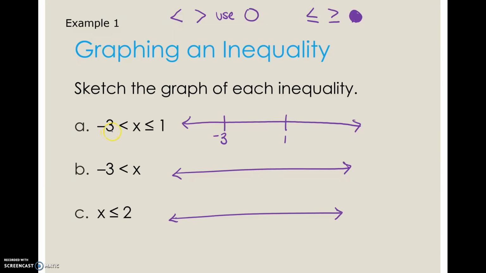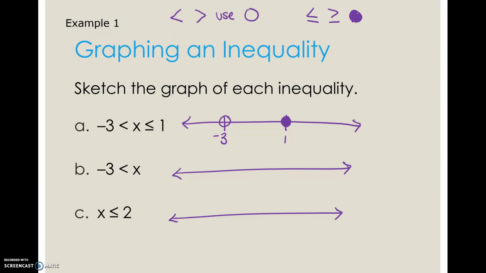So at -3, between -3 and x is the shaded stuff, there's a less than symbol. So that means at -3, we need an open circle. Between x and 1, it says less than or equal to, so this can equal 1. We need a closed dot at 1. Do you see how x is physically between the -3 and the 1?